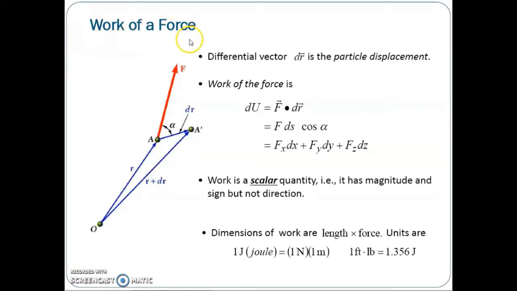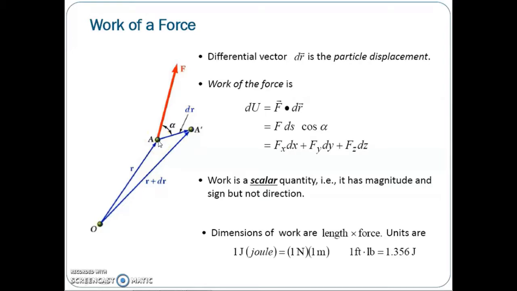Work of a force. If we consider a particle A moving to the neighboring point A prime, where r denotes the position vector corresponding to this point A, and this small vector joining A to A prime can be denoted by the differential dr. This vector dr, we call it the displacement of the particle.